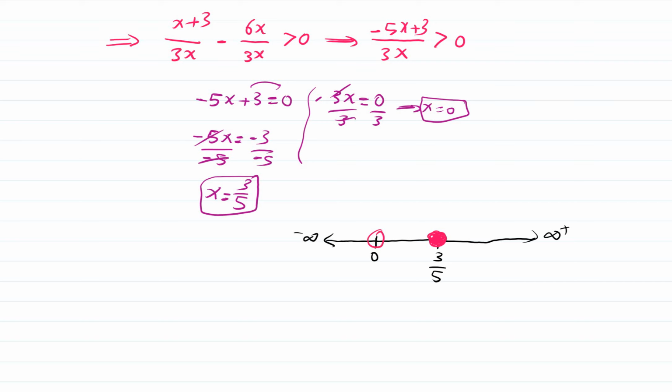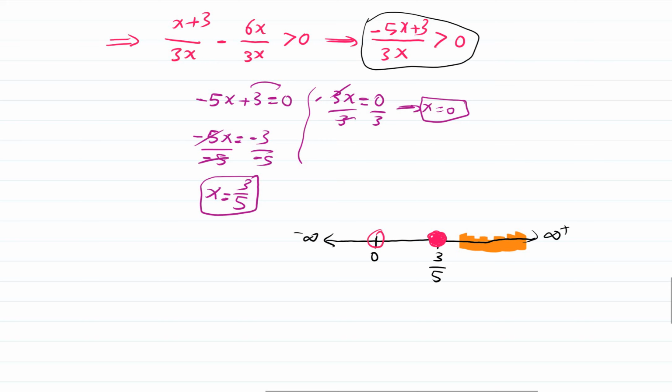Right now, the number greater than 3 over 5, test it in this inequality. Remember, this is your inequality to test in simplest form. Okay, now pick a number in this part greater than 3 over 5, so we can say 1. Substitute 1 in the inequality.